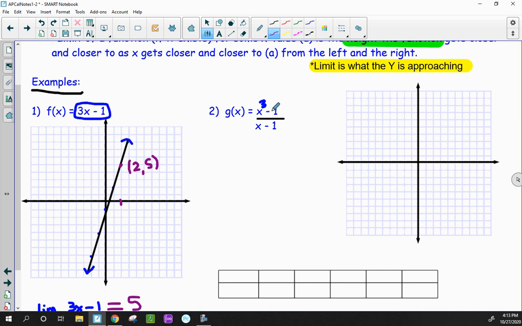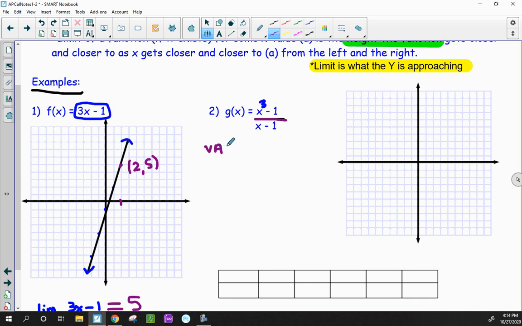On the second one, g of x is equal to x cubed minus 1 divided by x minus 1. You notice that this problem is a rational problem, and we know that because obviously it is a quotient. A few things from pre-cal that we learned in the past is how to graph rational functions by looking at VAs, vertical asymptotes, and we'll start there first.